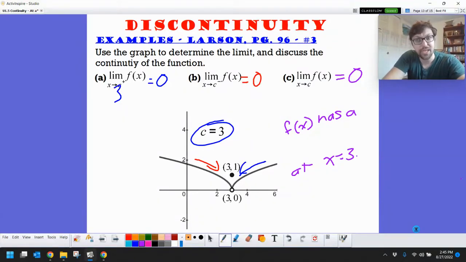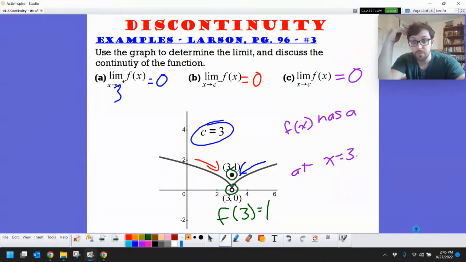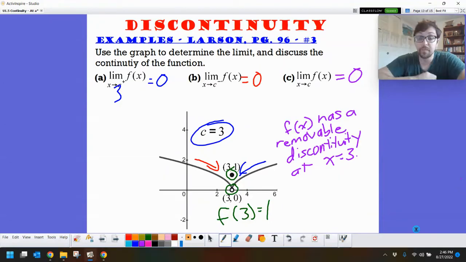But then we want to check, is our limit matching up with what our function is doing there? Well, what is f of 3? It's not here, it's up here. It's at 1. So f of 3 equals 1. The value of our function is not equal to the value of our limit. So this function has a removable discontinuity at x equals 3.